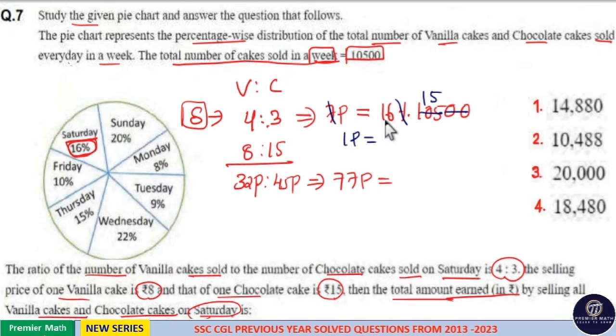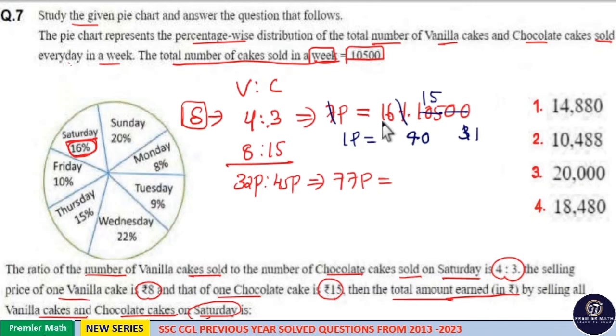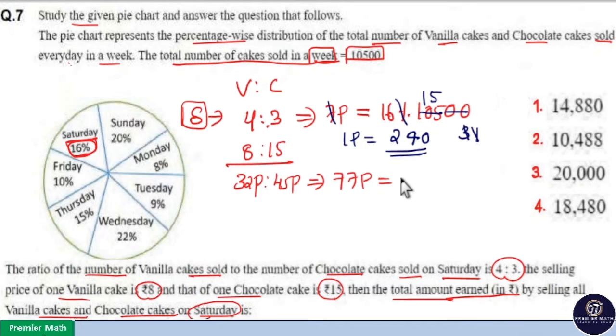6 into 5, 30, 3 remaining, 6 plus 5, 11, 11 plus 3, 14. So remaining 1, 1 into 1 plus 1 is 2. So 1 part is equal to 240, which means 77 part is equal to 240 into 77.